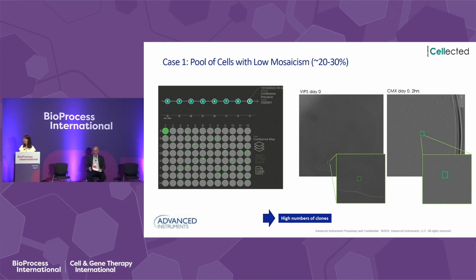So this meant that they knew that 20 to 30% of that pool had clones which had a mutation. From here, they seeded using the single-cell seeder to achieve a high number of clones. And after 2 hours, they imaged on the CellMetric X for single-cell detection and confirmation of clonality.